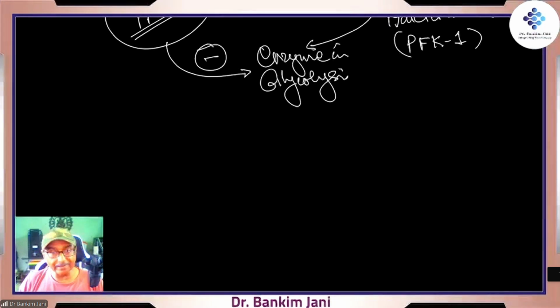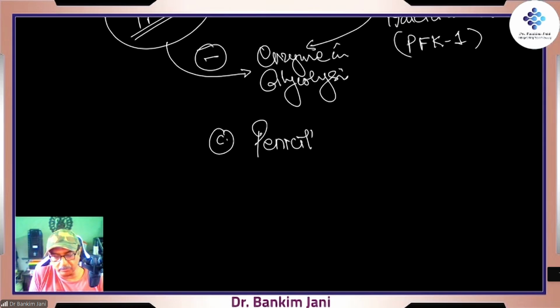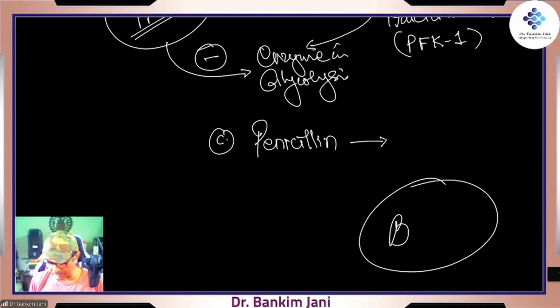One more example, one of the very fine examples, but it comes under pharmacology. Not going into much detail, but you know penicillin, one of the very powerful antibiotics. Now see, this is the bacteria, and an antibiotic means it will kill the bacteria.